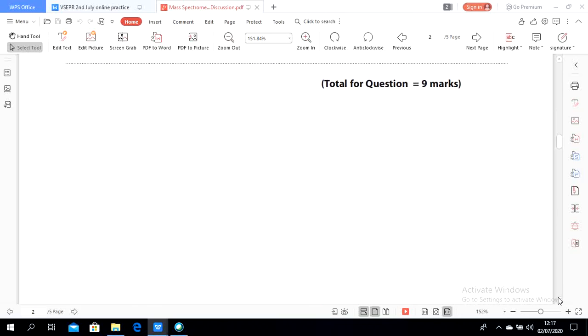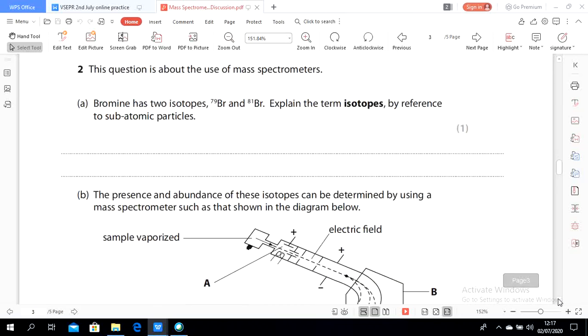Next, number 2. This question is about the use of the mass spectrometer. Bromine has two isotopes, bromine-79 and bromine-81. Explain the term isotopes by reference to subatomic particles.